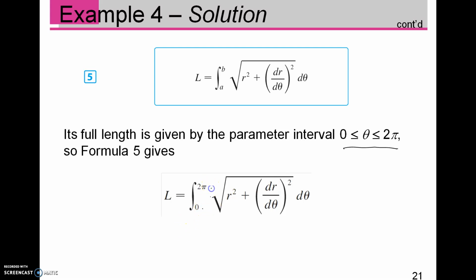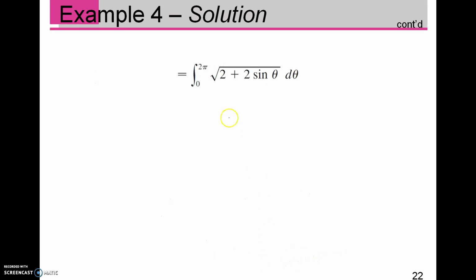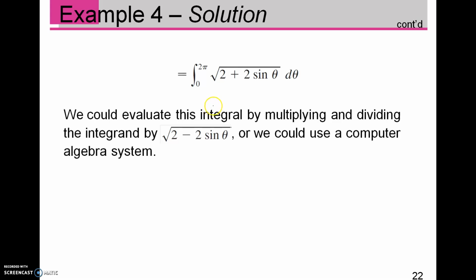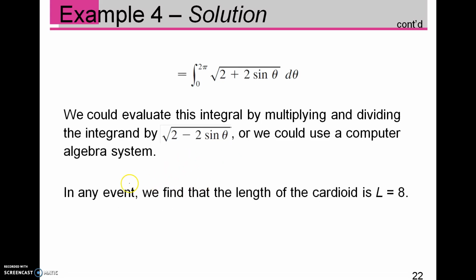So here it is, 0 to 2 pi. Plugging in r, dr d theta. Okay, so the derivative. And we're going ahead and doing the integral, which isn't done for you here. You will end up with actually L equaling 8.